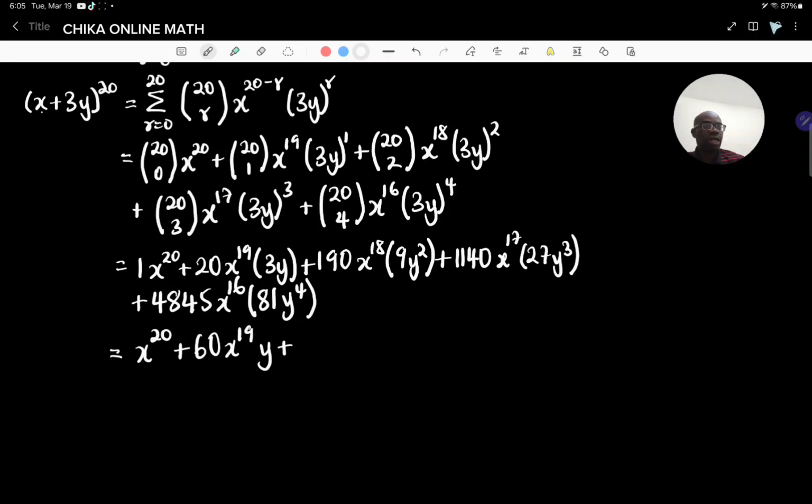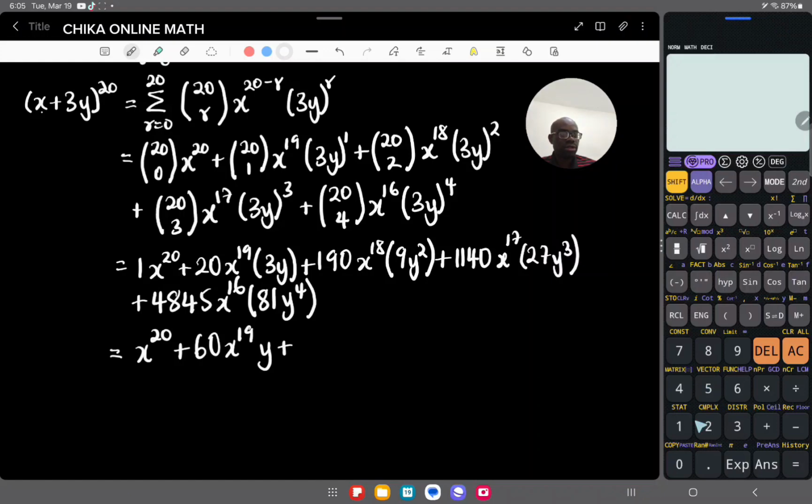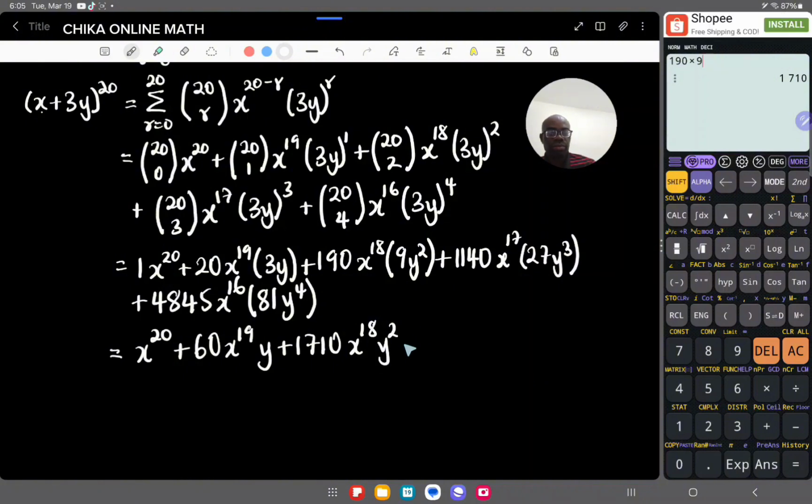So we'll bring out our calculator. So 190 times 9 will give us 1710. So we have 1710 x raised to power 18 y raised to power 2, okay?